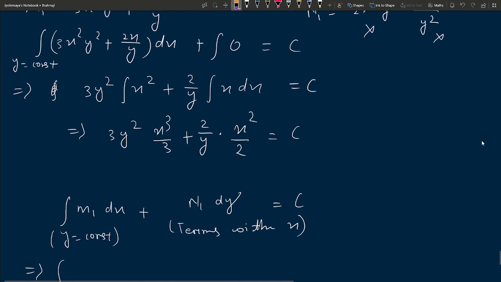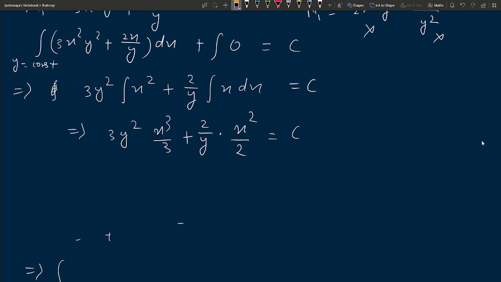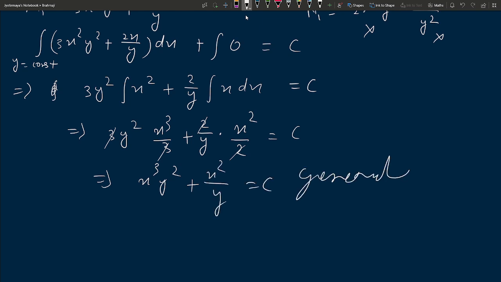So now 3 cancels. This is x cube y square plus 2 cancels, x square by y equal to c. This is your general solution.